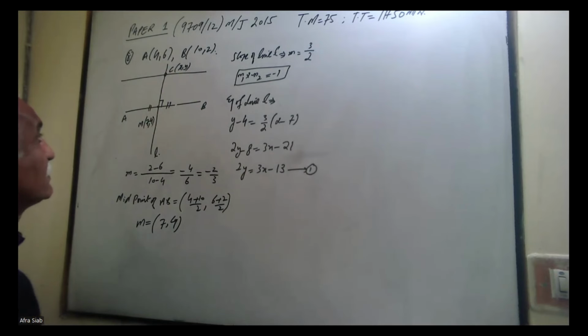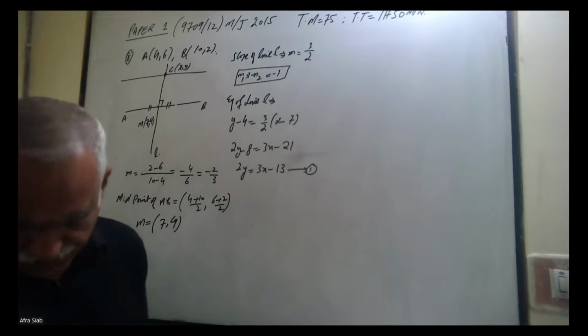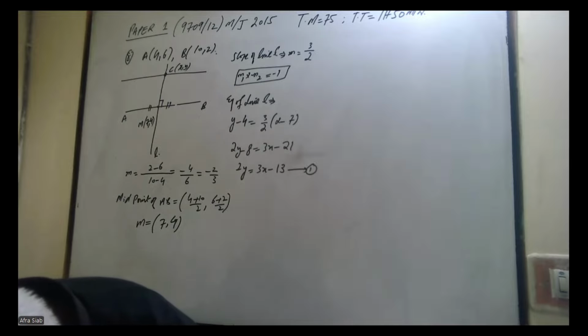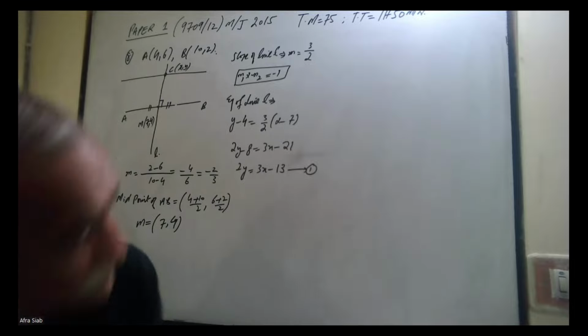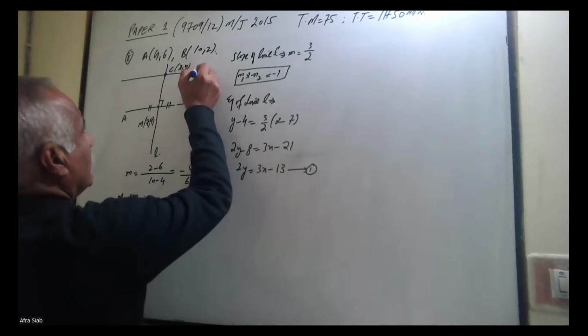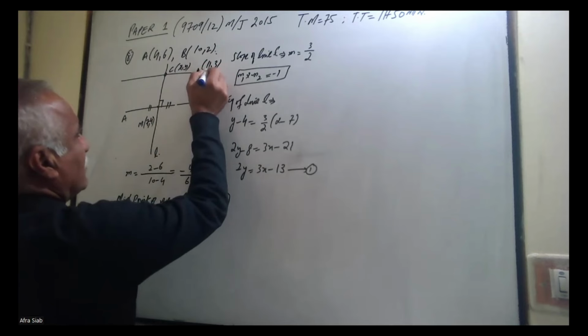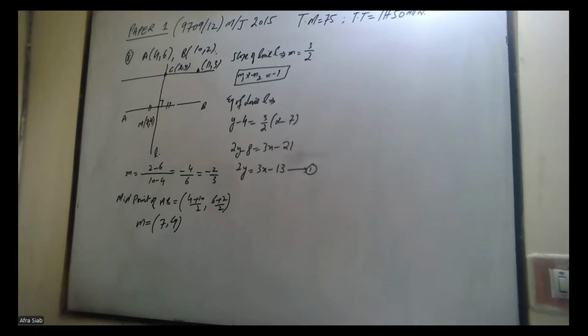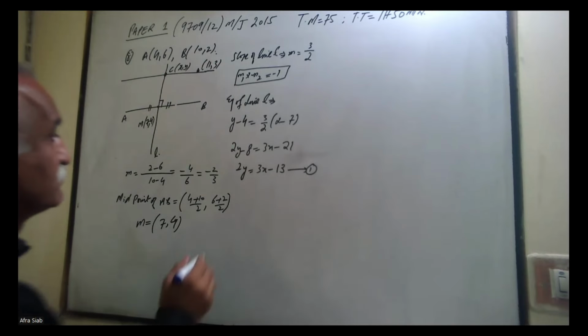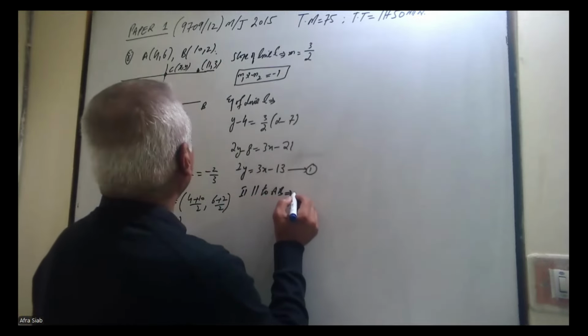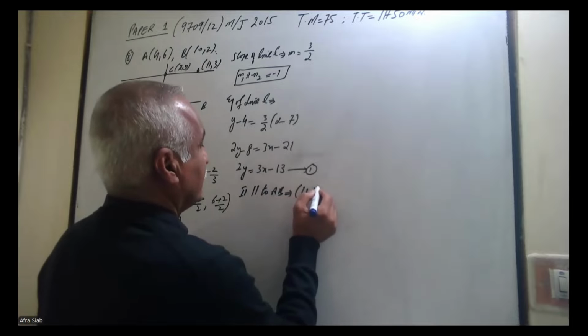They are also saying that this line passes through the point 11 and 3, which lies on this line parallel to AB. So we need the equation of the line parallel to AB passing through 11 and 3.